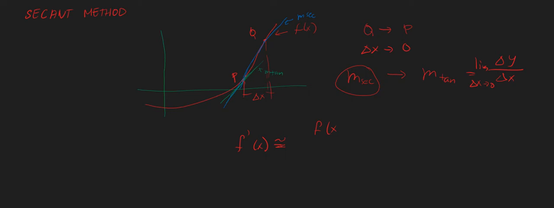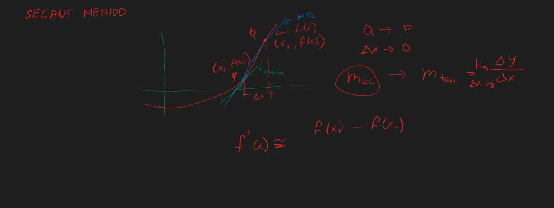If we call this point x1, this will be f of x1. Then this point at P, x0 and f of x0. So this will be f of x1 minus f of x0.